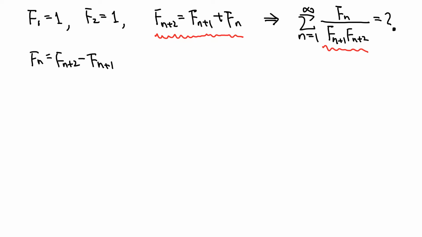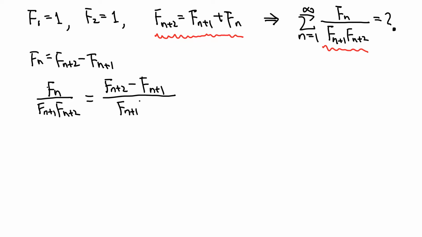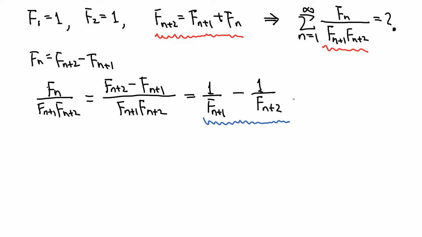So this term right here can be expressed as (Fn+2 minus Fn+1) over Fn+1 Fn+2, which can be divided into two fractions, 1 over Fn+1 minus 1 over Fn+2. Now this right here is a very useful expression because it allows us to calculate the partial sum very easily.